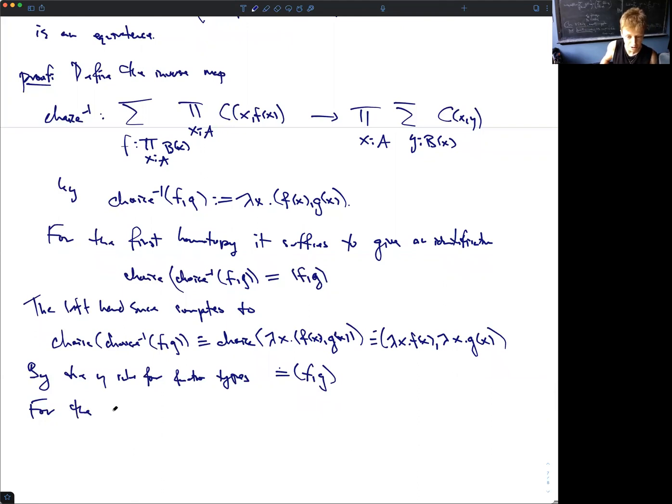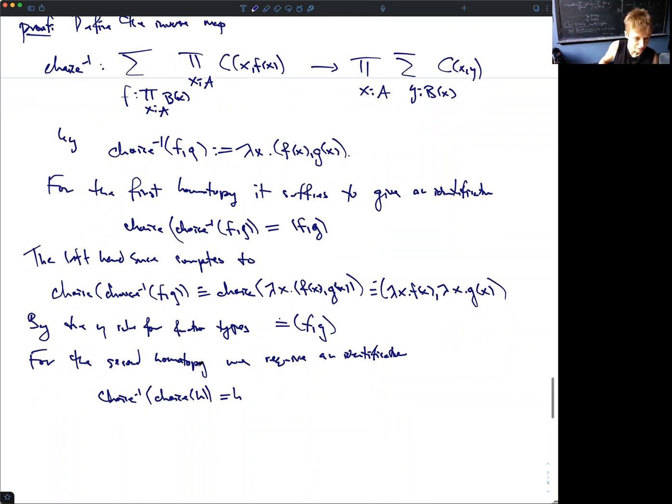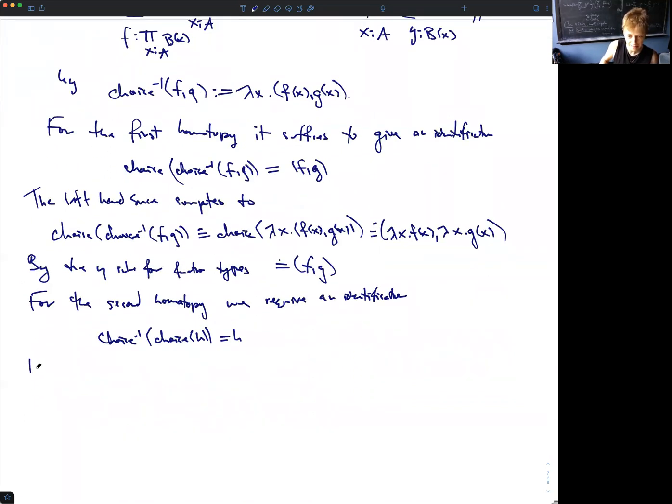So for the second homotopy, this is where we'll require a bit more. For this homotopy, we require an identification. Here I'm going to do the choice inverse function second and the choice function first, of H equals H. Again, we can compute the left-hand side.